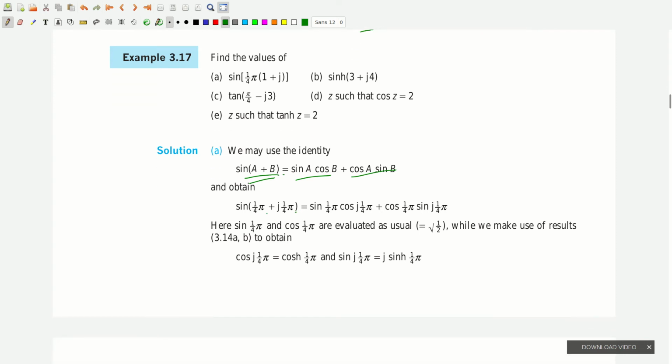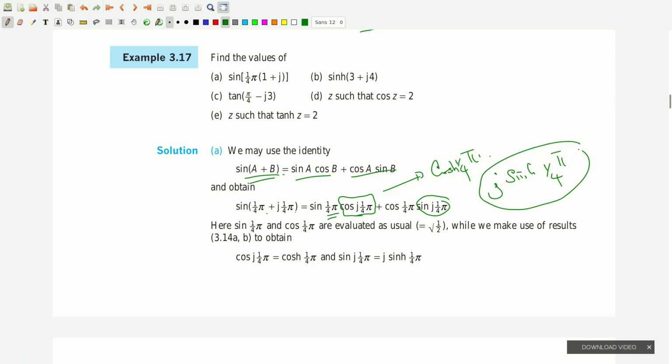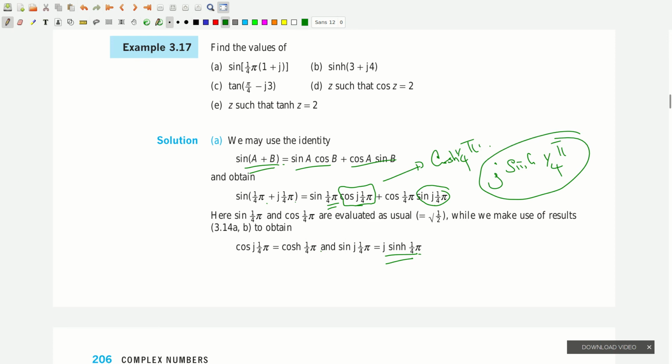So we know this and this, and this one here is simply going to be the cos of 1/4 π, and this one is the hyperbolic cos, and this one is going to be j times the hyperbolic sine of 1/4 π. That is all they do here, the substitutions they make.